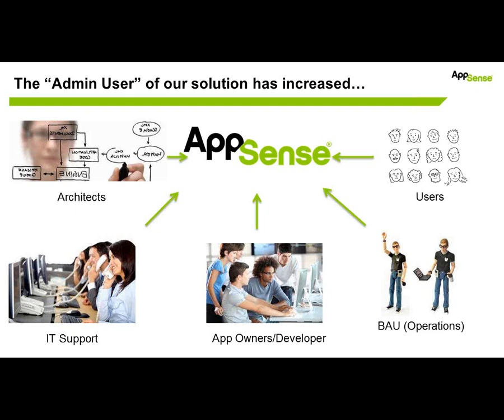The number of people that need to touch and utilize our software has increased. And that has actually driven us to put more features into our product around how we actually configure our product and deploy our product at scale within the enterprise.